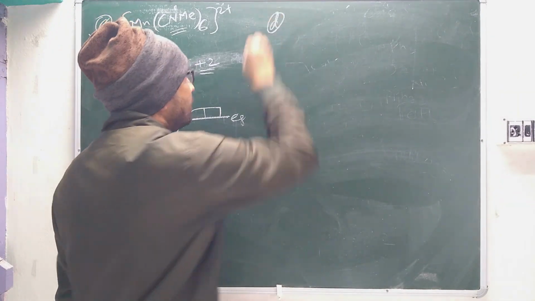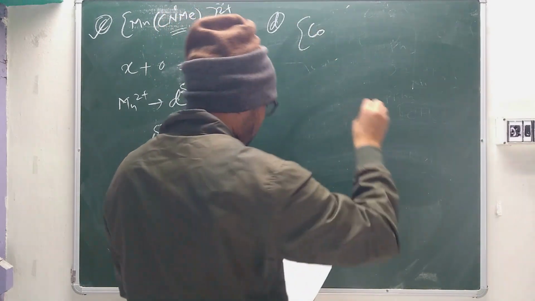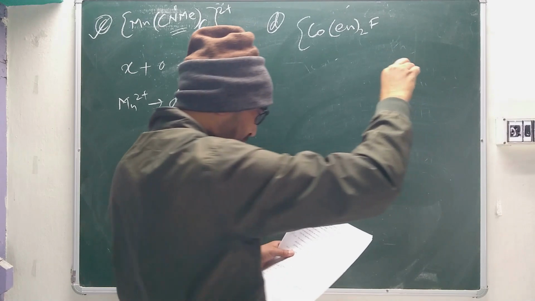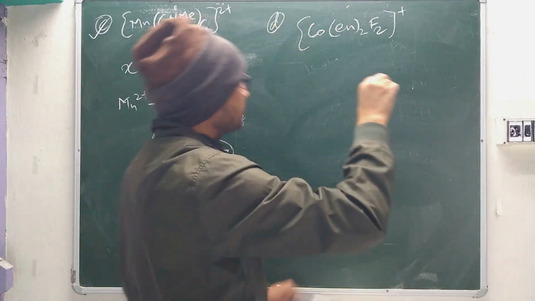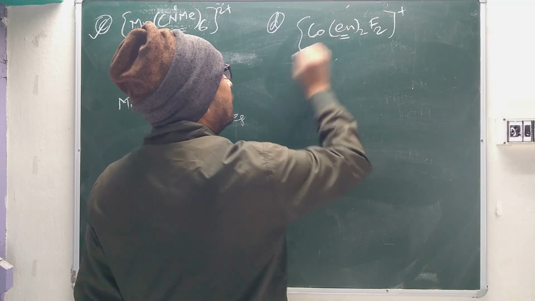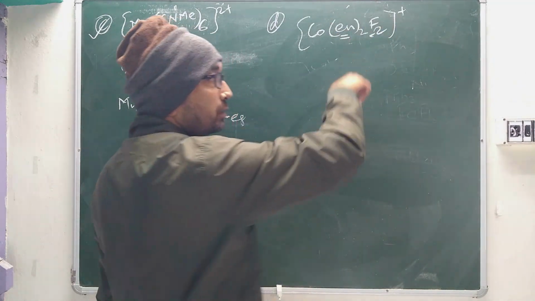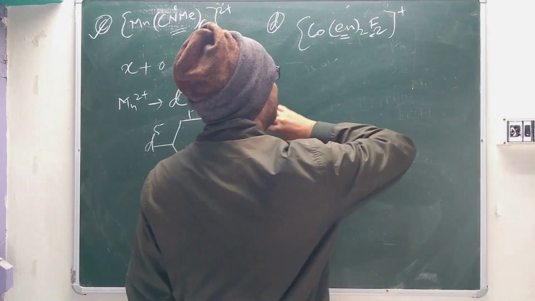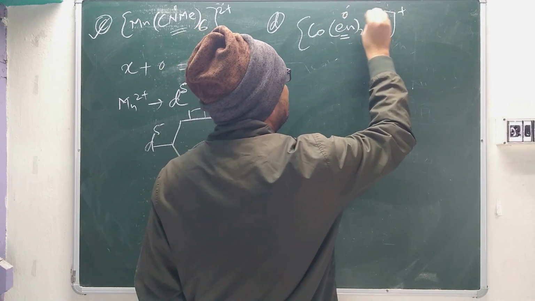And then option D. What is option D? It is cobalt, en2, and then F2, only 1 plus. This en is a strong field ligand, this one is a weak field ligand. So overall it will behave as a strong field ligand only. We'll see the oxidation number of this cobalt. This won't contribute any charge, so it will be 0.